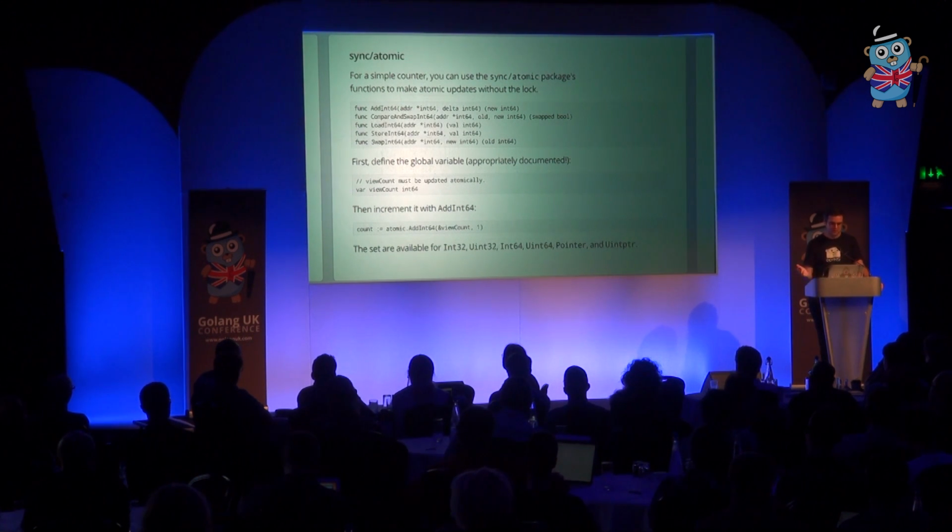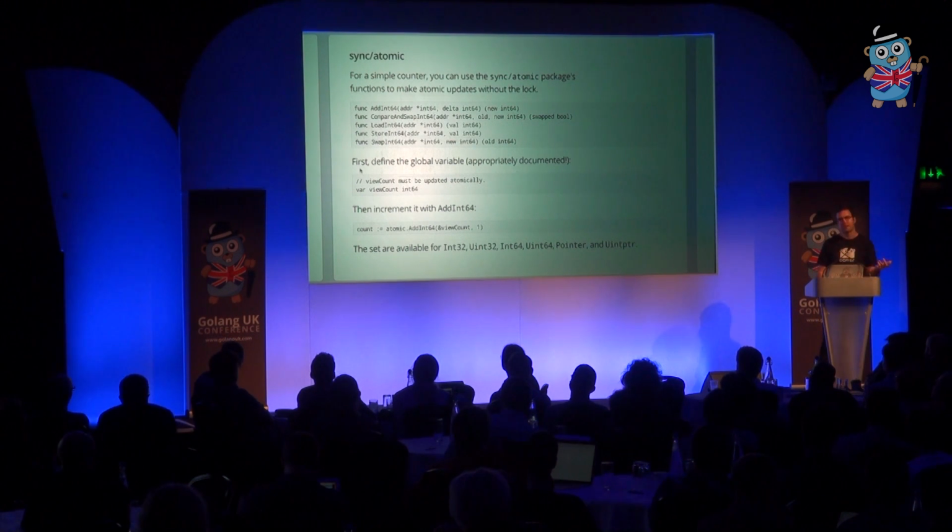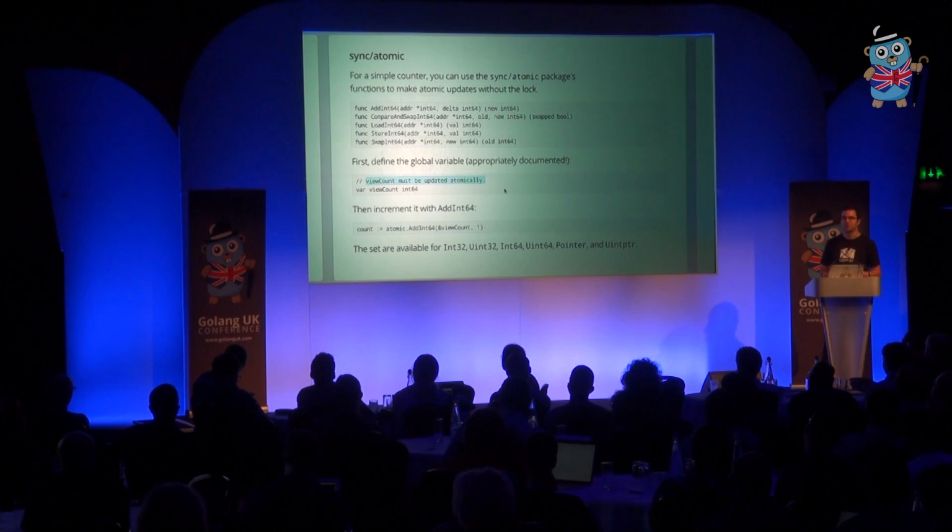But so for a series of types, like int64, int32, and so on, there is a series of functions like add, compare and swap, load, store, and swap. And so in the case of the view count, I would have some global view count variable that is int64, and very important, I would document that this should be updated atomically.